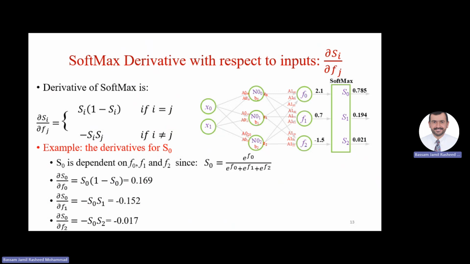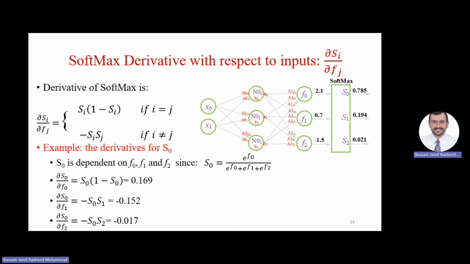And now obviously in the training, you know that if I want to have a delta L over delta P, in this case I have to compute delta S over delta F, right? There is this part. Let's take this a little bit.